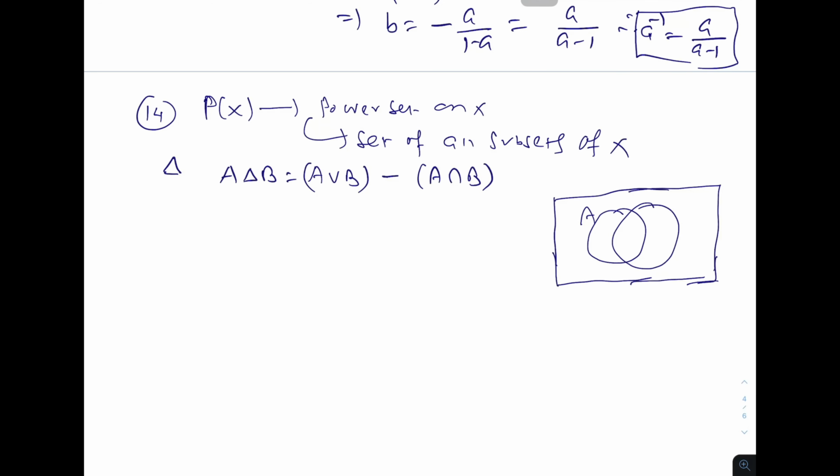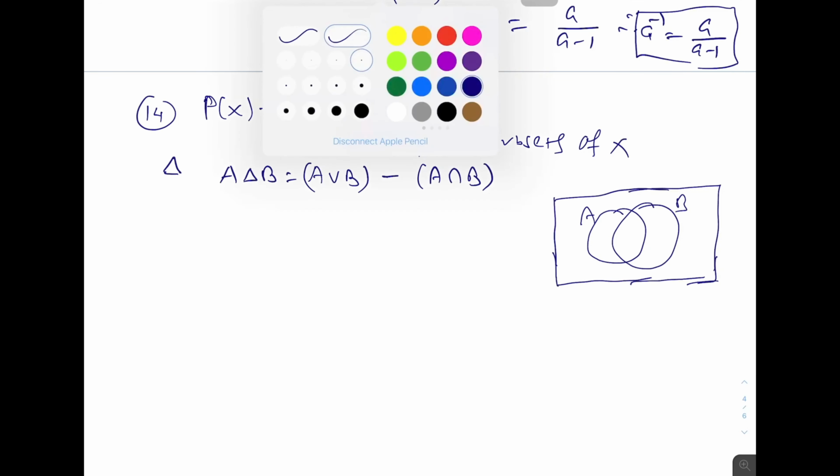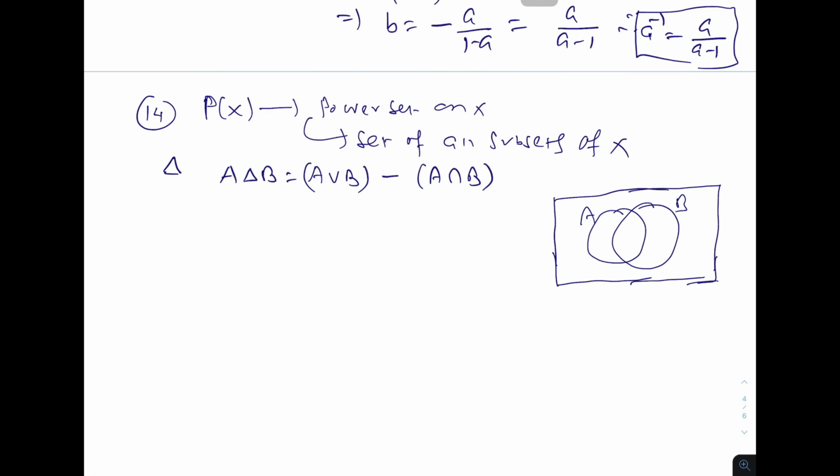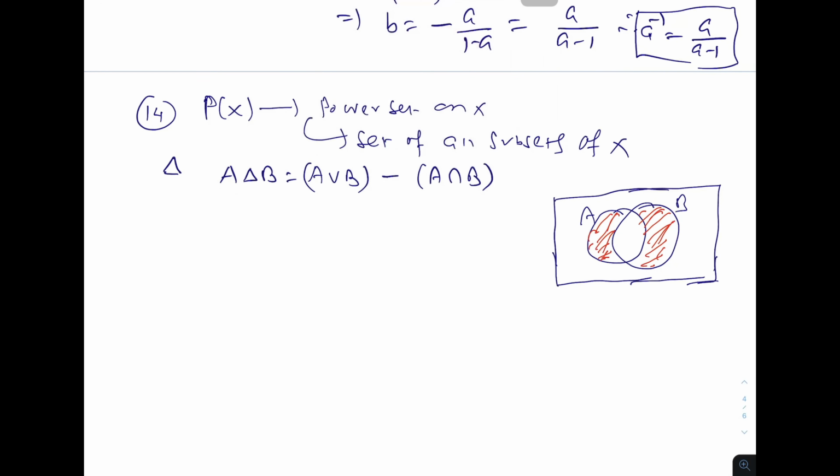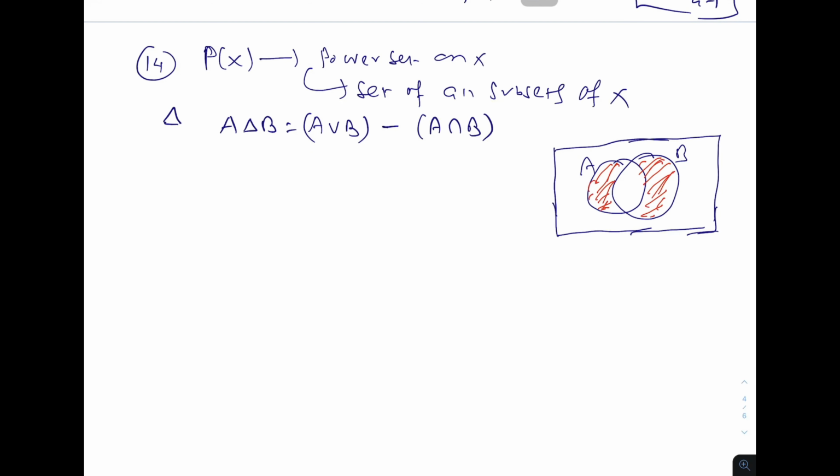So if you are having A and you are having B, then the part which is A union B but subtracted from the intersection, this part, is nothing but A delta B. So you can also say that A delta B is A union B minus A intersection B, or you can say A minus B union B minus A, both are the same.